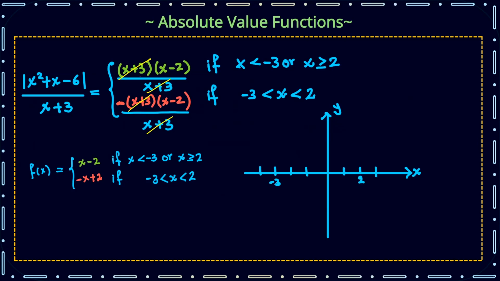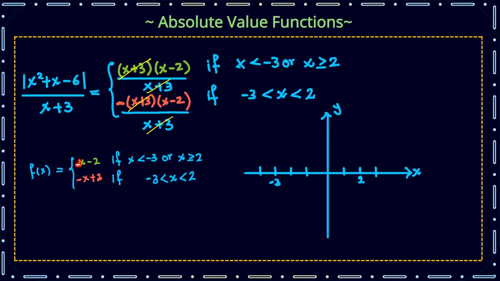Let's begin by drawing the first piece. This piece is going to be drawn over 2 separate intervals. Over this interval, x less than negative 3, I'm going to begin by choosing the boundary point or the end point. We start with negative 3.